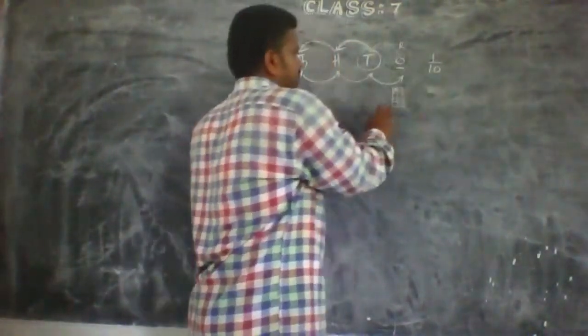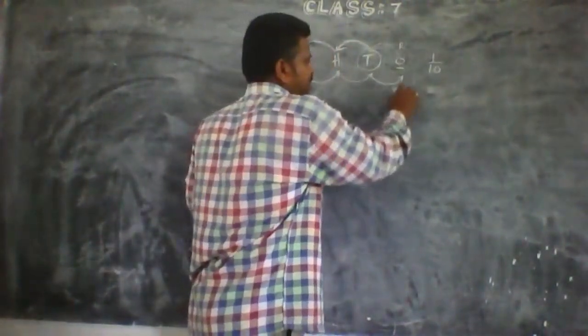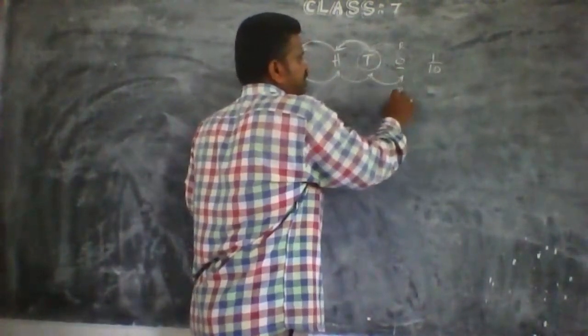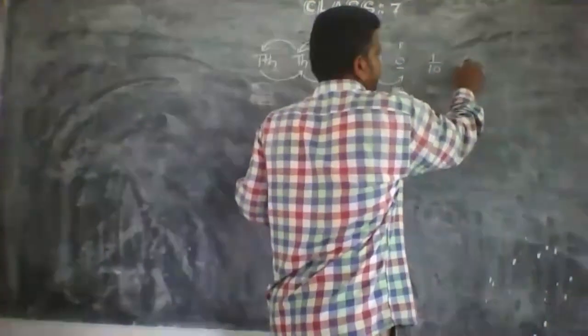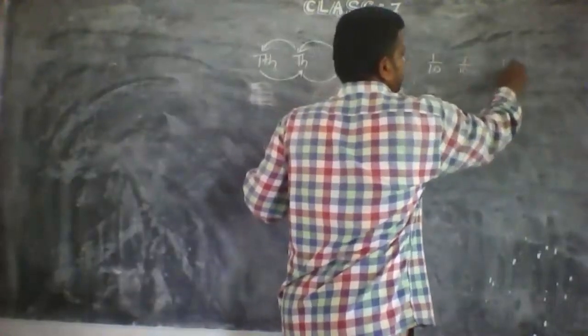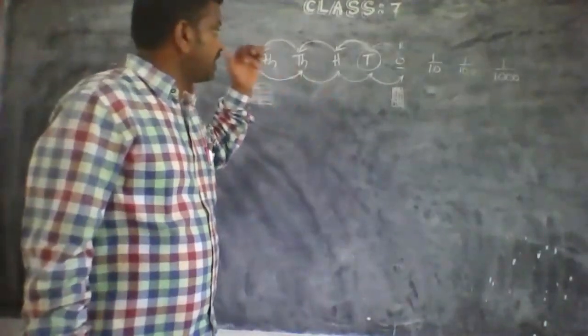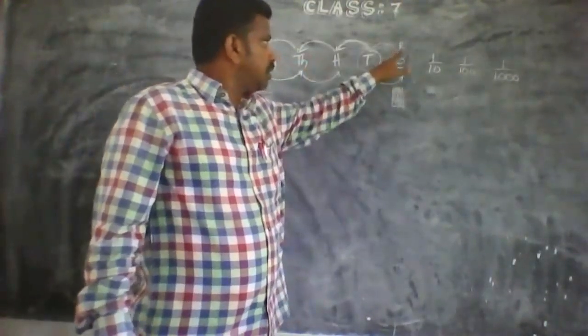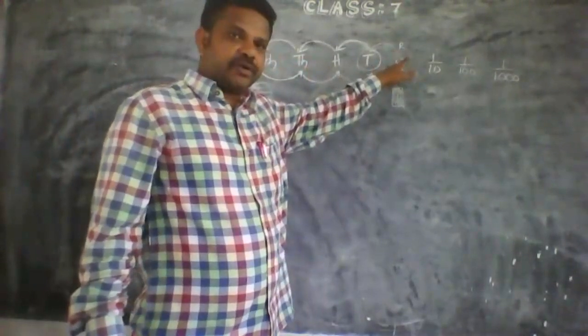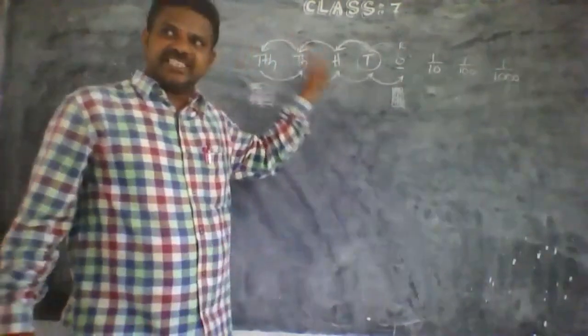Otherwise, if the same thing is divided into 100 parts, each part is one 100th part. Next, if it is divided into 1,000 parts, each is a 1,000th part. When we move from right to left, each place is increased by 10 times.